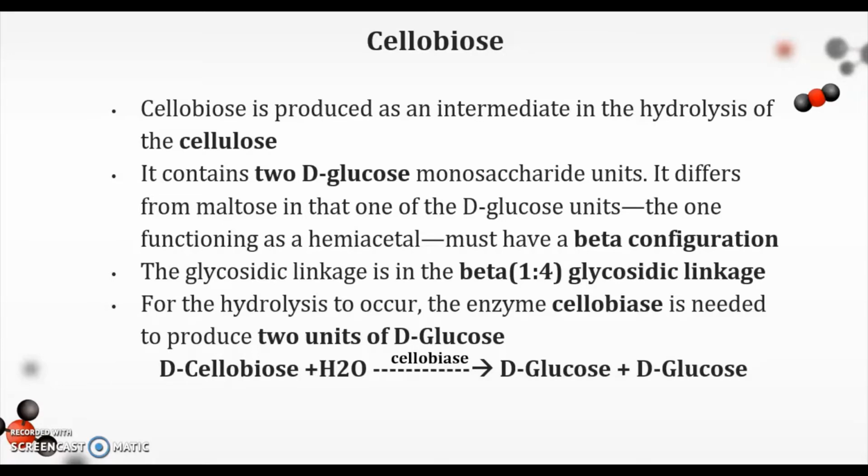Like maltose, cellobiose is also a reducing sugar. For the hydrolysis to occur, the enzyme cellobiase is needed to produce two units of D-glucose.